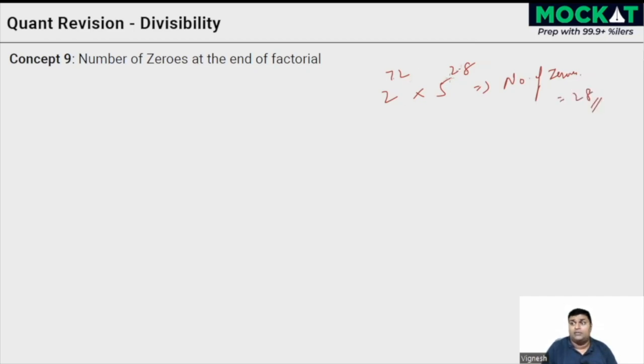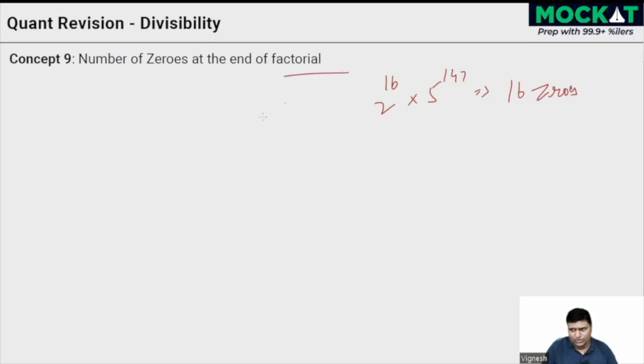Why? There are 28 5's which marry 28 2's and we get 28 zeros. When a 2 and a 5 are multiplied, you get a 0. That's when a 0 is produced. So what if it's something like 2 power 16 into, let's say, 5 power 147? Can't help it. There are only 16 2's, so we get 16 zeros at the end.